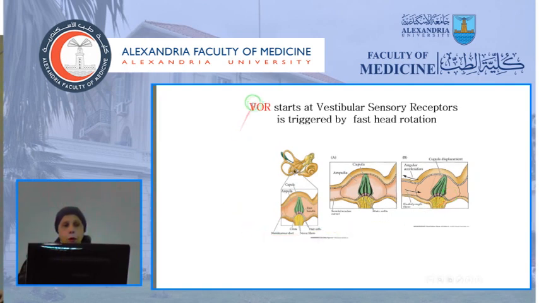The vestibulo-ocular reflex starts at the vestibular sensory receptors and is triggered by fast head rotation or angular acceleration. What is stimulated? As you can see, these are the three semicircular canals.